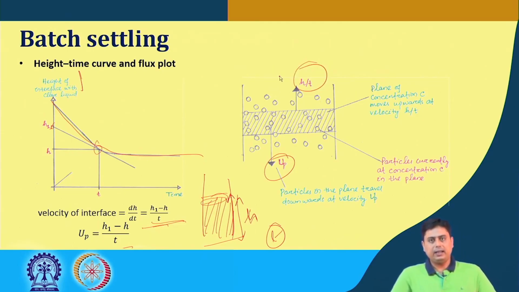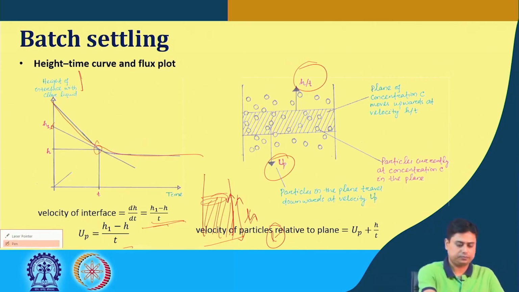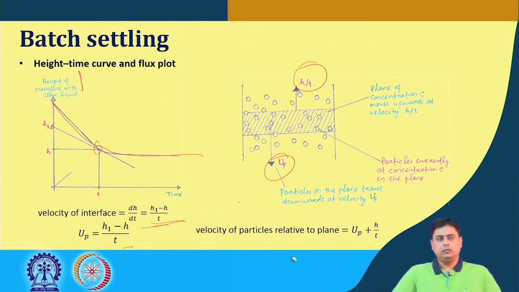So, the particle velocity relative to this plane of concentration C is basically up plus h by t.